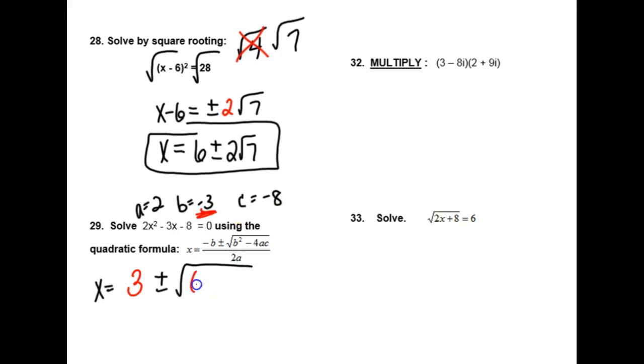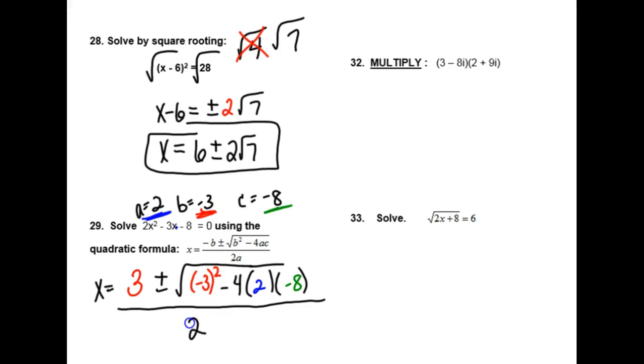Now if you're going to type -3 squared, that's fine, but we kept encouraging you guys to just call this a 9, because a lot of you were messing up on your negatives in the formula. And then -4 times a, which we said was a 2, and then times c, which is a -8. And all of that over 2 times a.